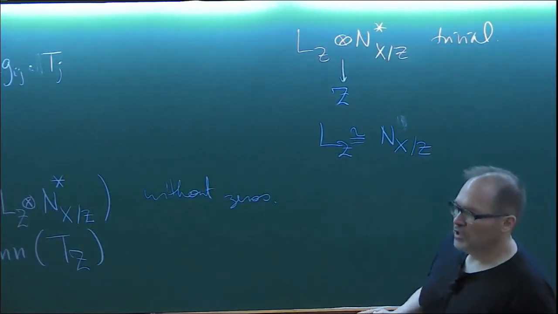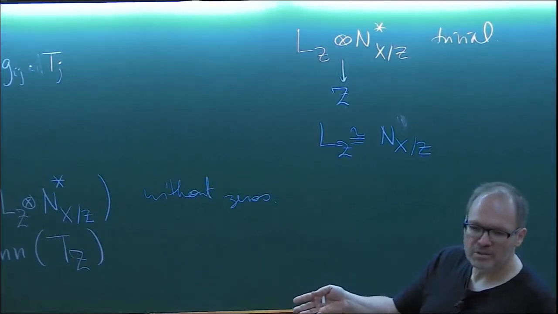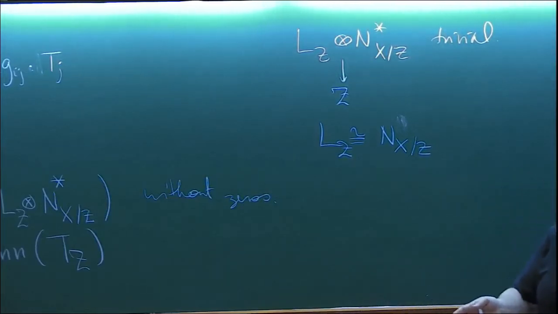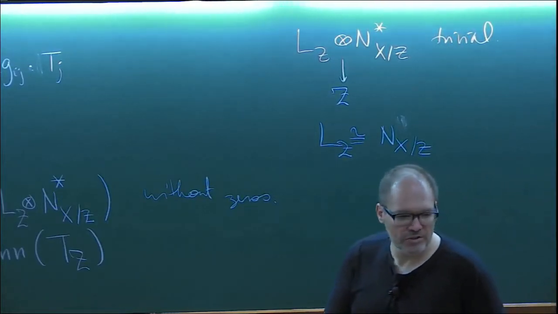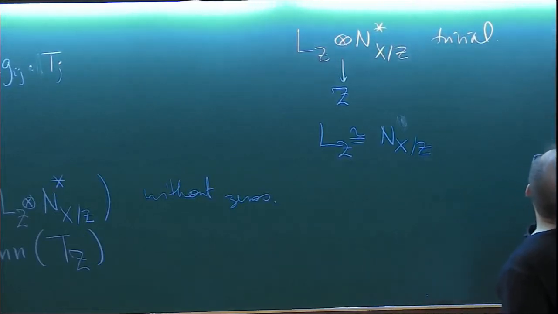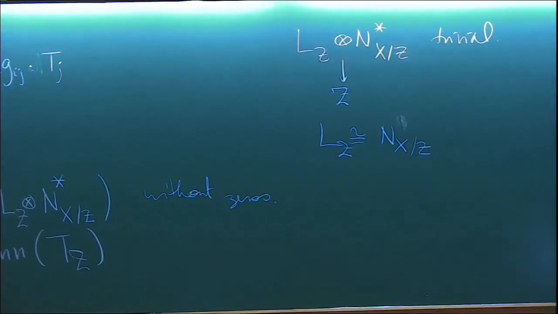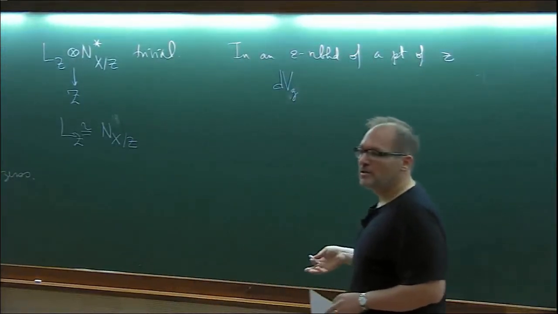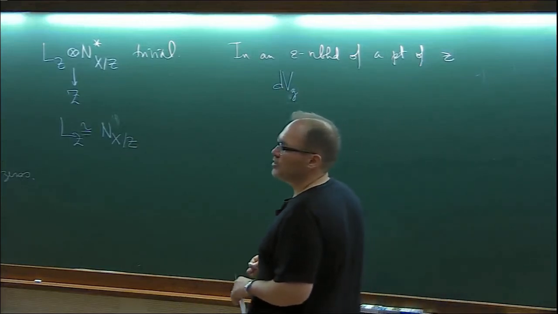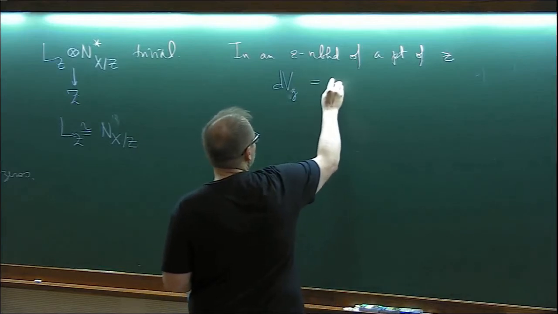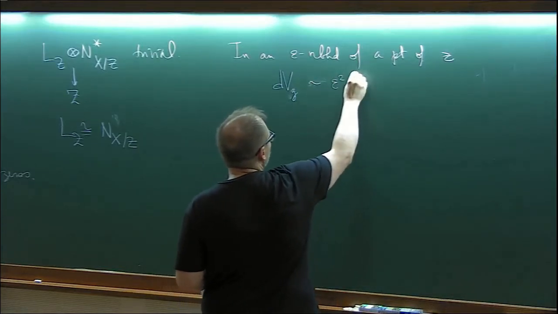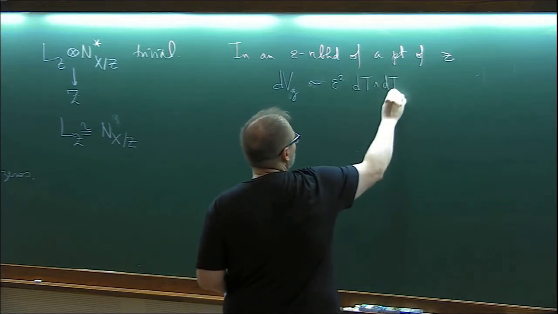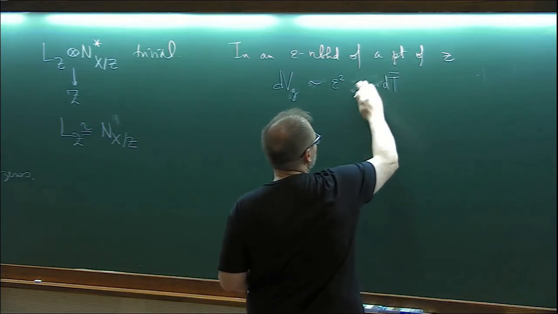So if you think about, for example, how you compute volumes in the manifold, in an epsilon neighborhood of a point of Z, you have the volume form for Z, dV sub omega sub G, if you have a metric G. So you have the volume form, that equals roughly epsilon squared times dt wedge dt bar.